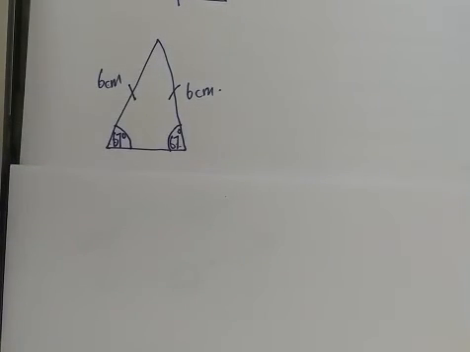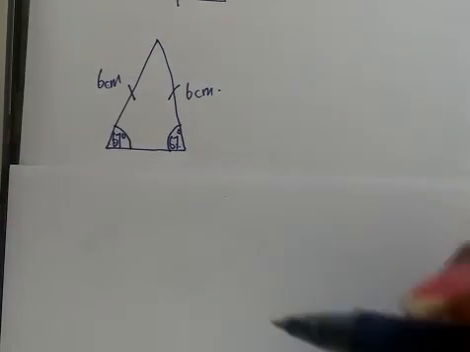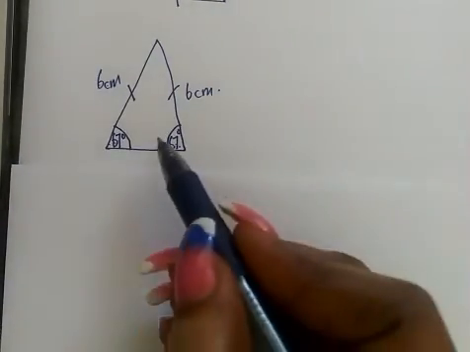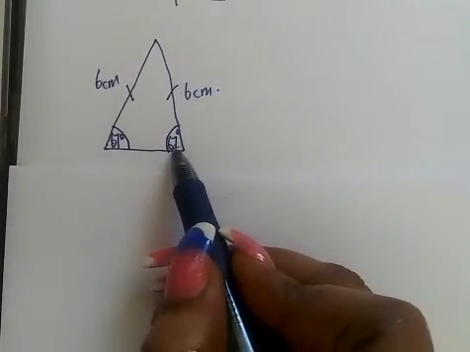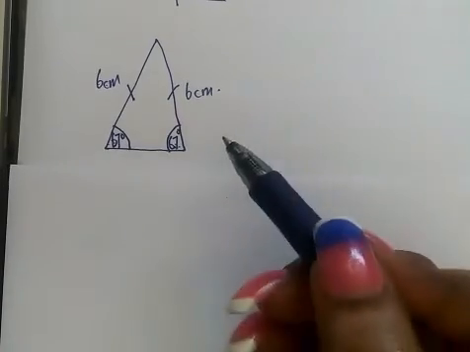We are going to look at another one. This triangle has two sides and two angles having the exact same measure. It is called an isosceles triangle. Notice 67 degrees, 67 degrees.